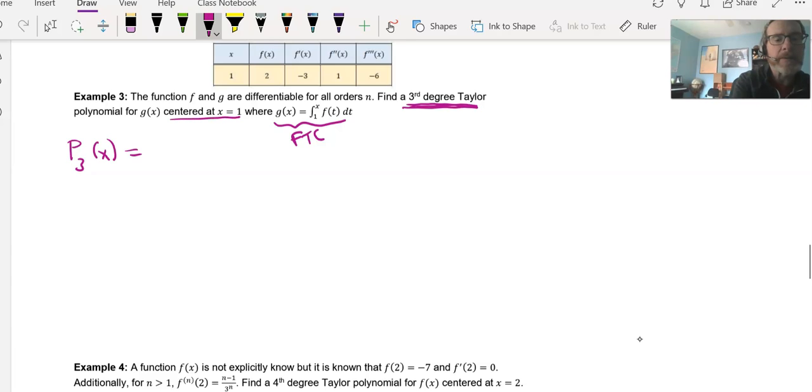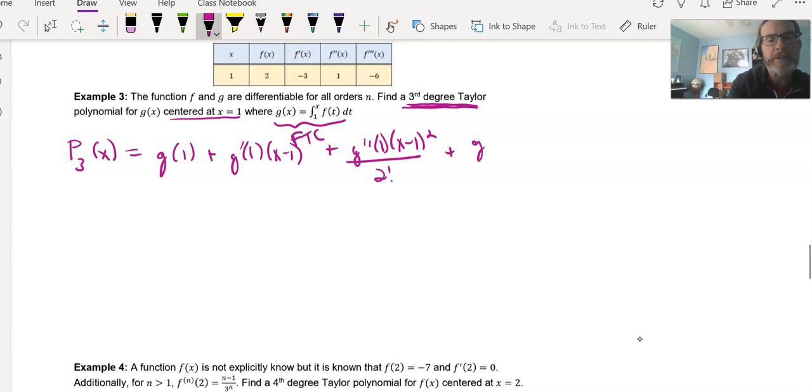So in this case, we would need to know g of 1 plus g prime of 1 times x minus 1 plus g double prime of 1 times x minus 1 squared over 2 factorial plus g triple prime of 1 times x minus 1 to the third over 3 factorial.